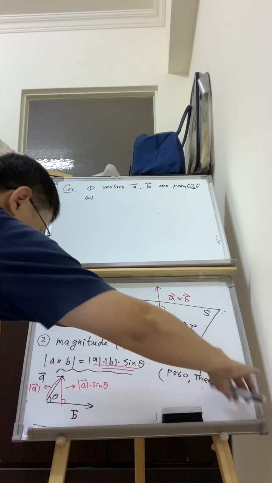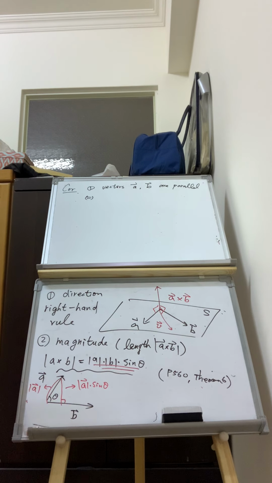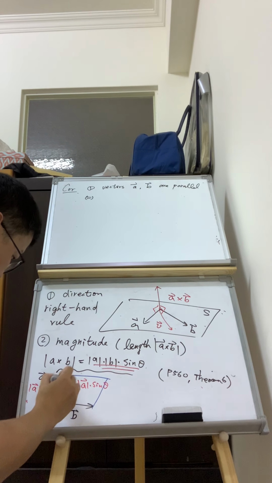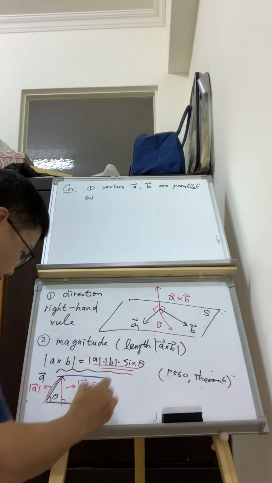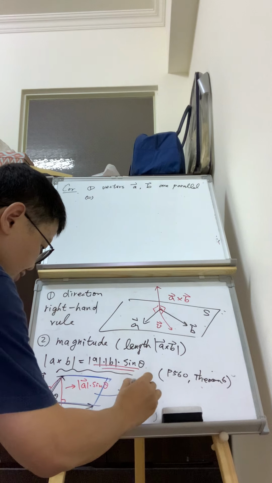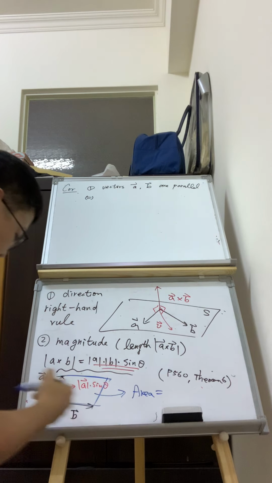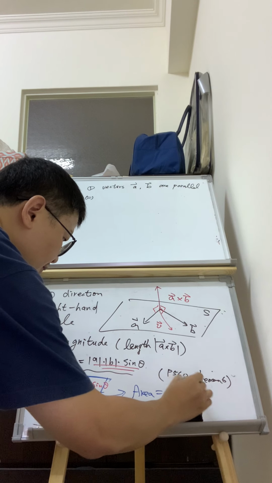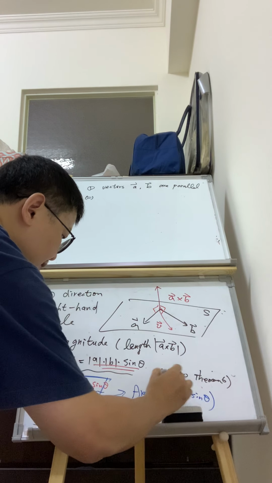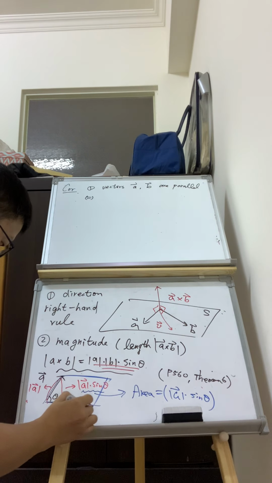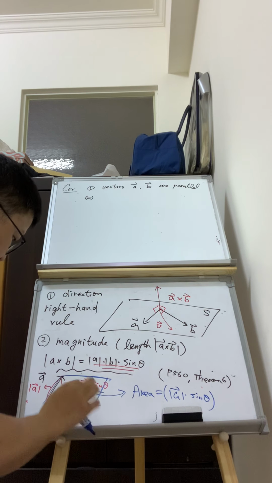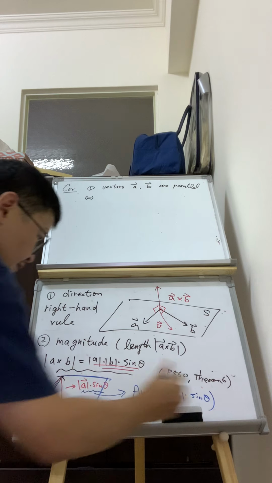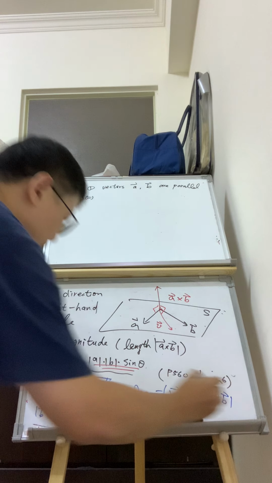So when we consider the value, it's something like this. We consider a parallelogram. This parallelogram, its area is exactly equal to the length times the length times its sine. Right?